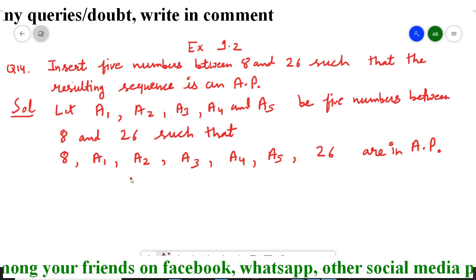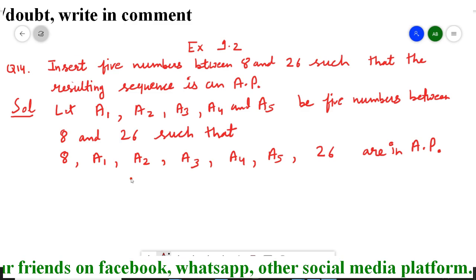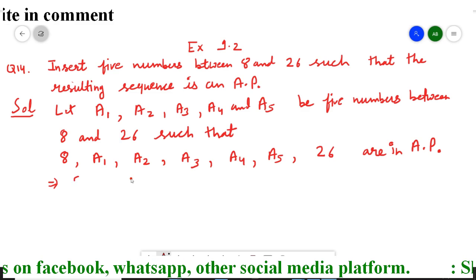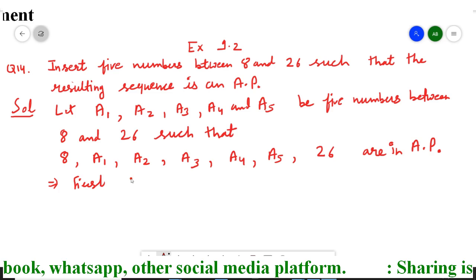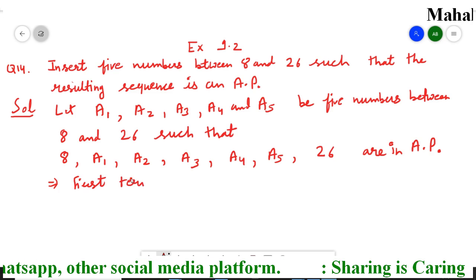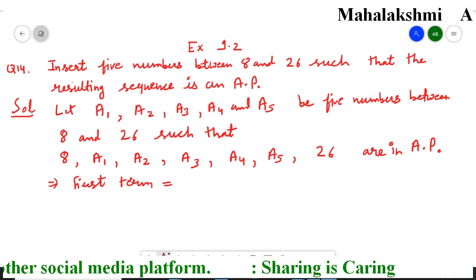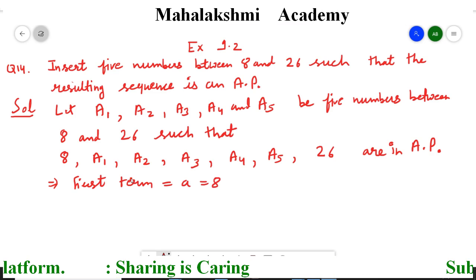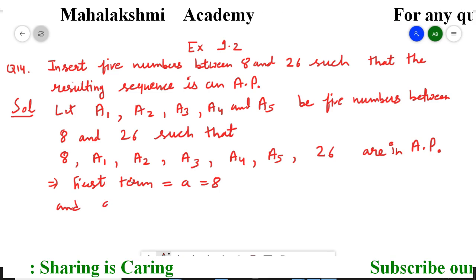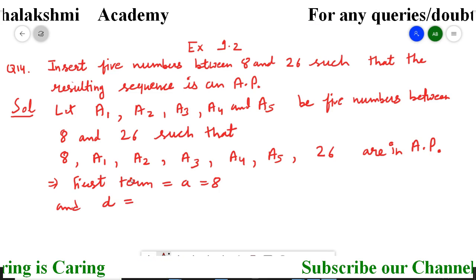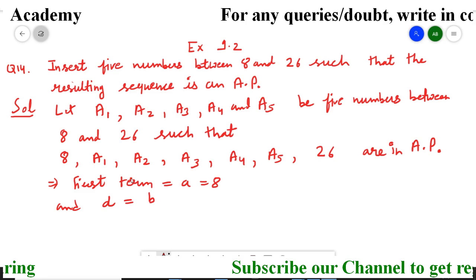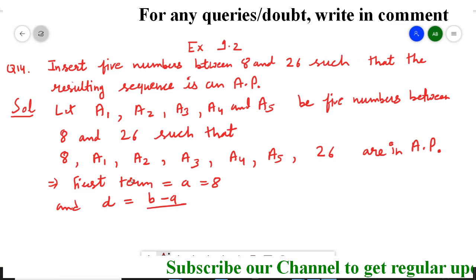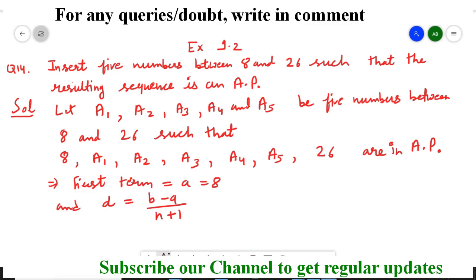So we write here, which implies first term is equal to A is equal to 8, and common difference D, the formula I am just writing here, it is D equals B minus A upon n plus 1.